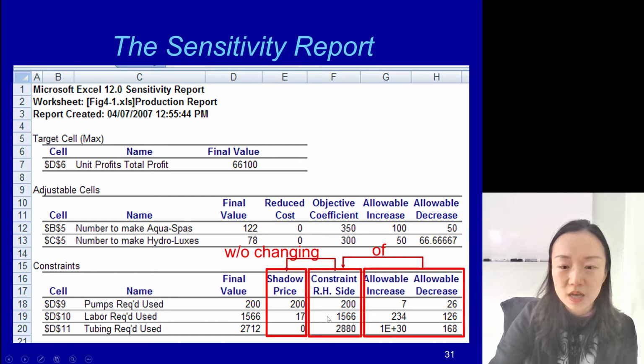Okay, but if you increase more than 234, then you're going to get more than enough labor, and you will no longer be increasing your objective function, which is the total profit.